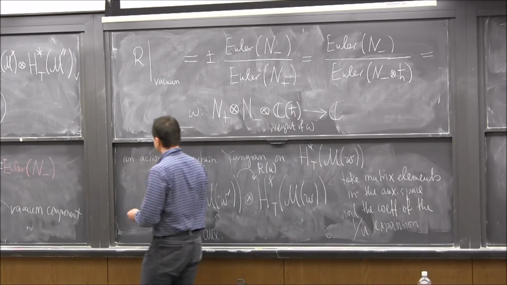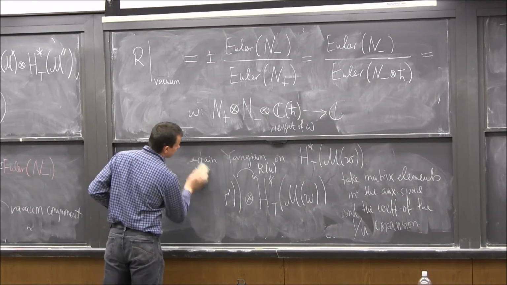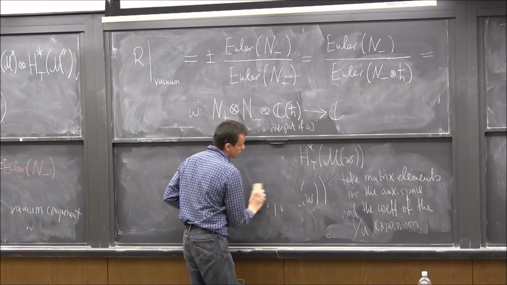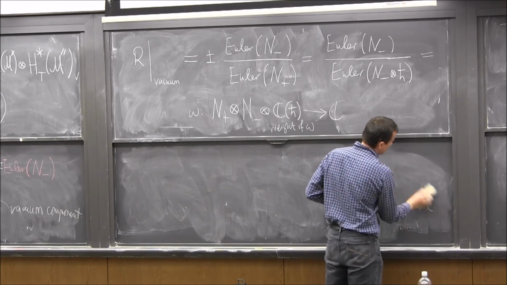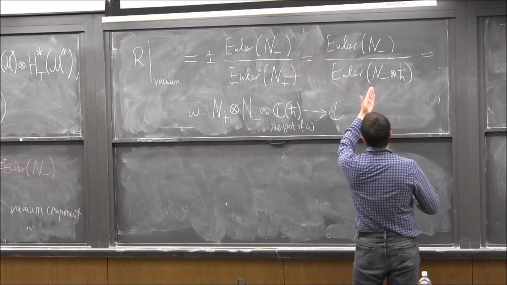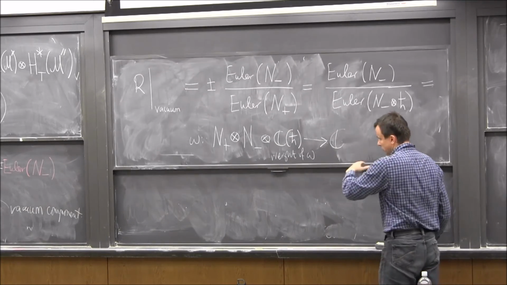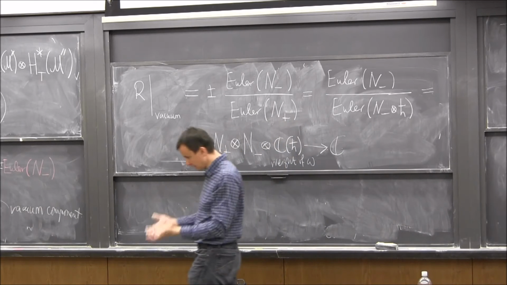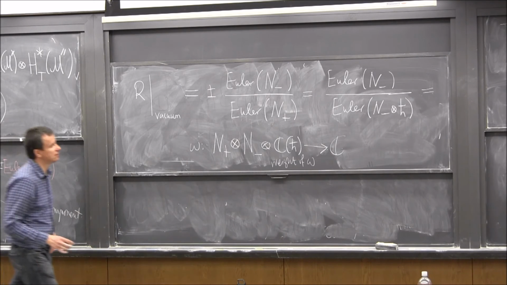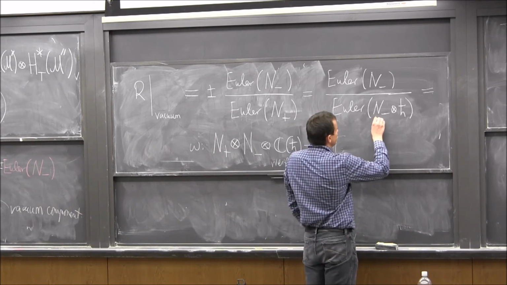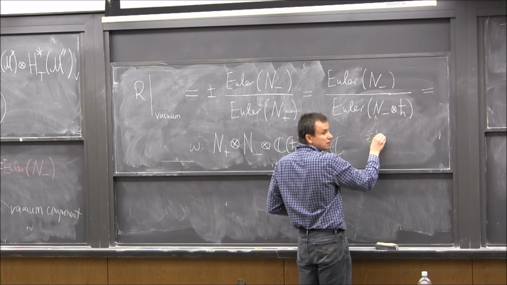On my torus, in my construction, the torus was acting with weight z on n plus, and therefore the weight of n minus is z inverse.